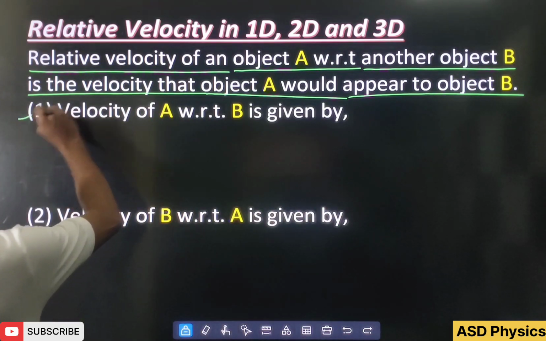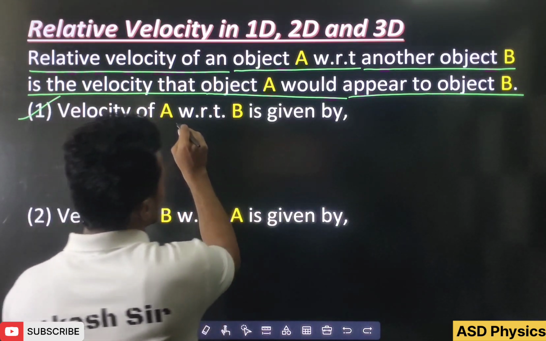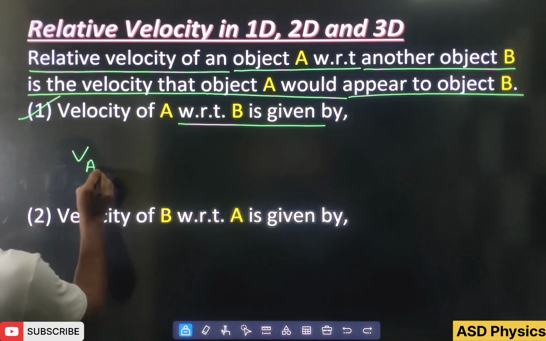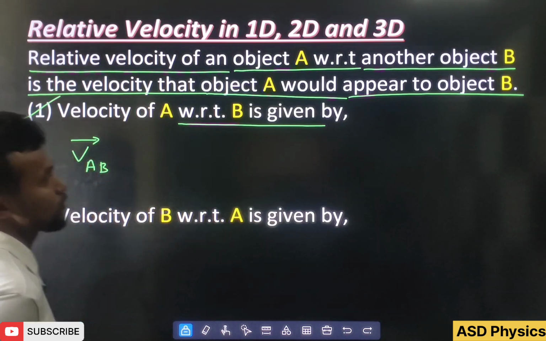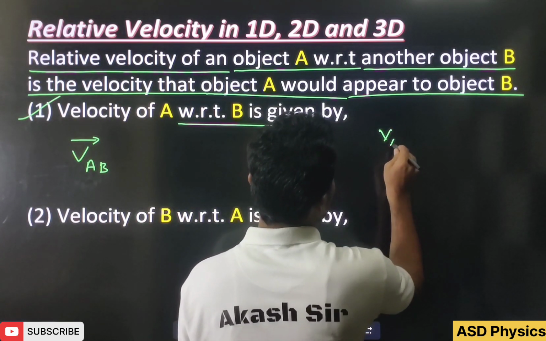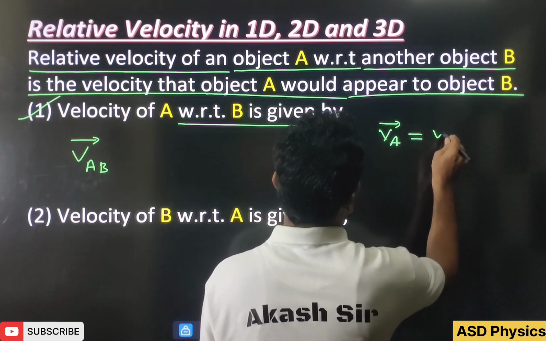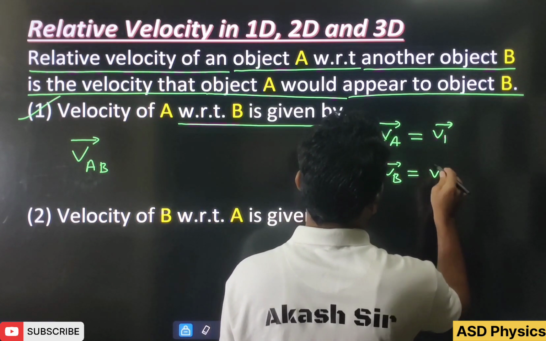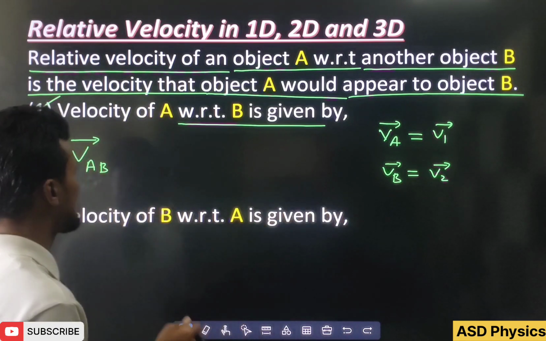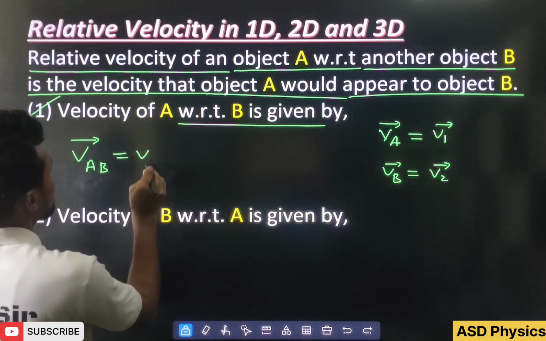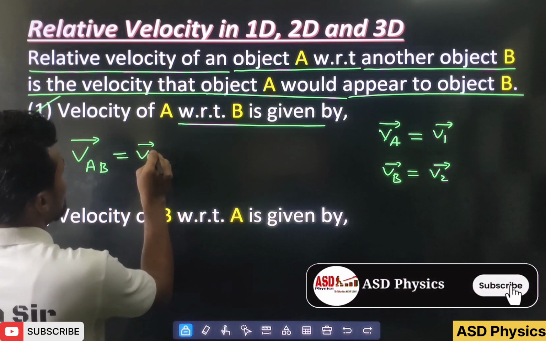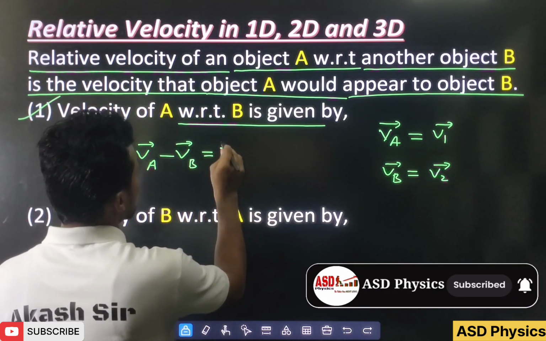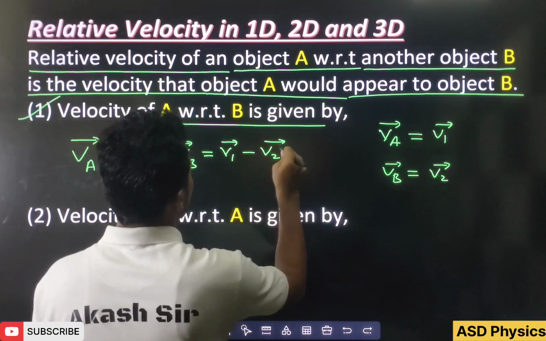Now see here, first one, the velocity of A with respect to B is given by, and first I am writing in vector form. I am considering the velocity of A as V1 and the velocity of B as V2. Later you can understand why I have taken this. So the velocity of A with respect to B is given by VA minus VB, so I can write V1 minus V2.